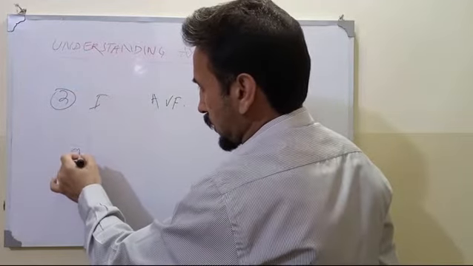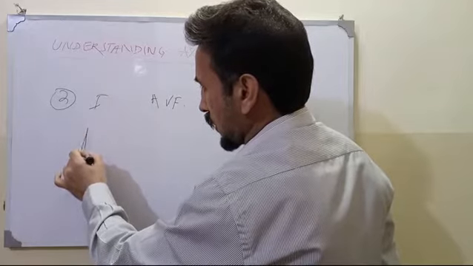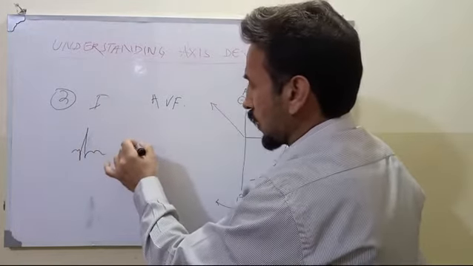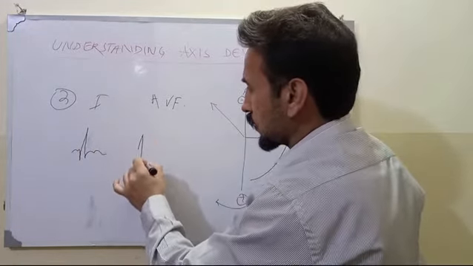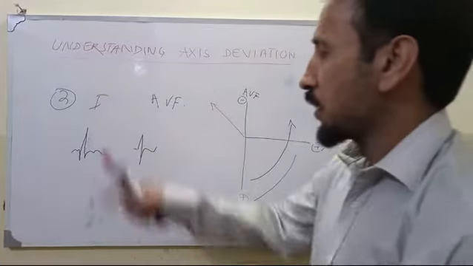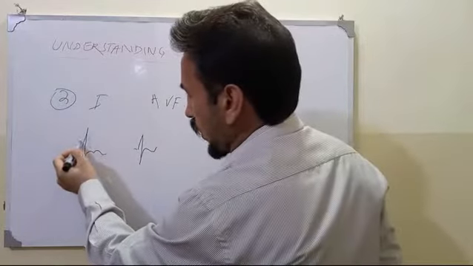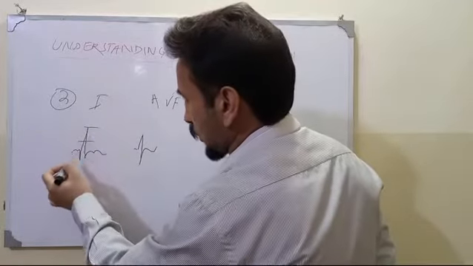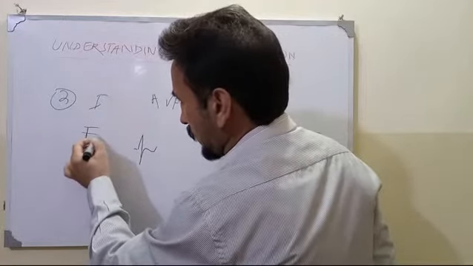For example, suppose in lead 1 the upward deflection is 2.5 big squares and the downward deflection is half a big square.